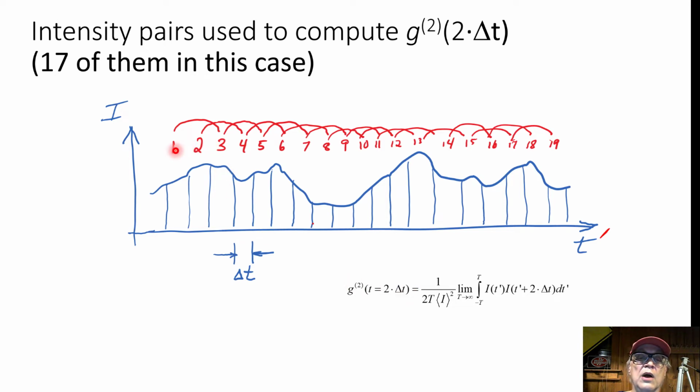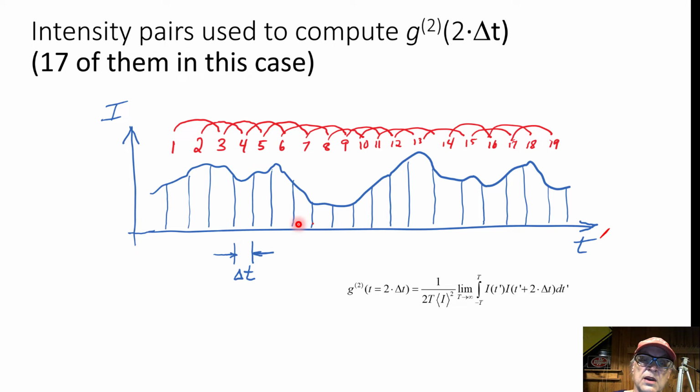Well, that would be comparing 1 with 3, 2 and 4, 3 and 5, 4 and 6, 8 and 10, 11 and 13, and so on. And you'll see that we have slightly fewer pairs to make the comparison with.